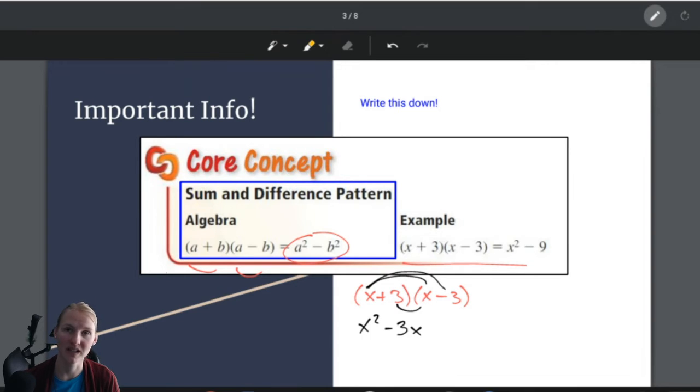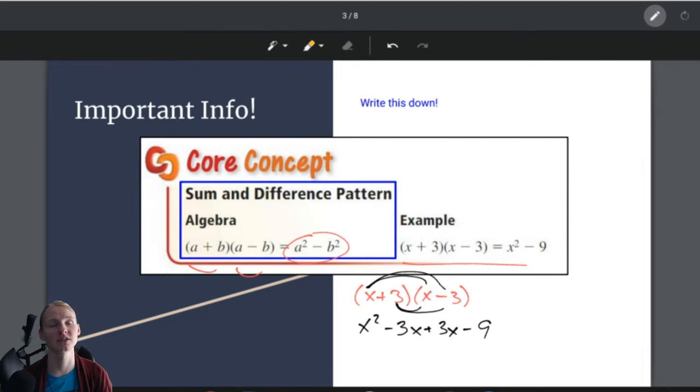Inside is 3 times x, positive, so it's plus 3x. And 3 times negative 3 is negative 9. If that went too fast, replay it. You can even slow down. When you replay YouTube videos, you can actually set the playback speed to slower. We just foiled it without color coding this time.